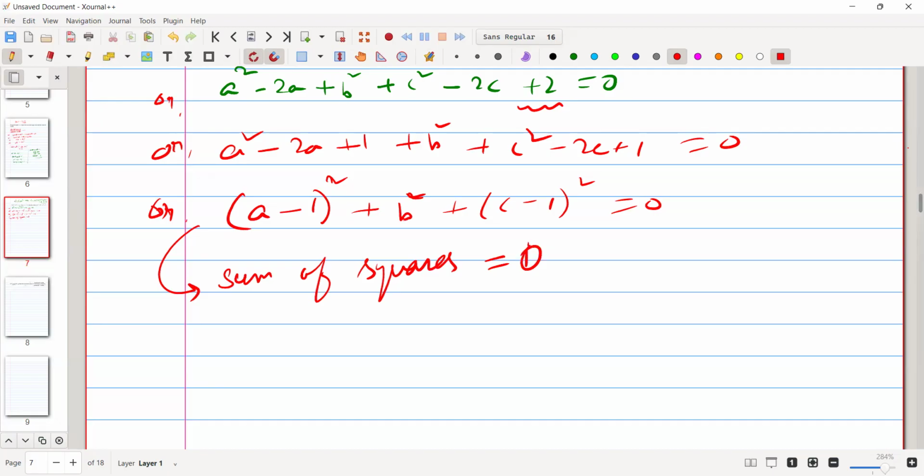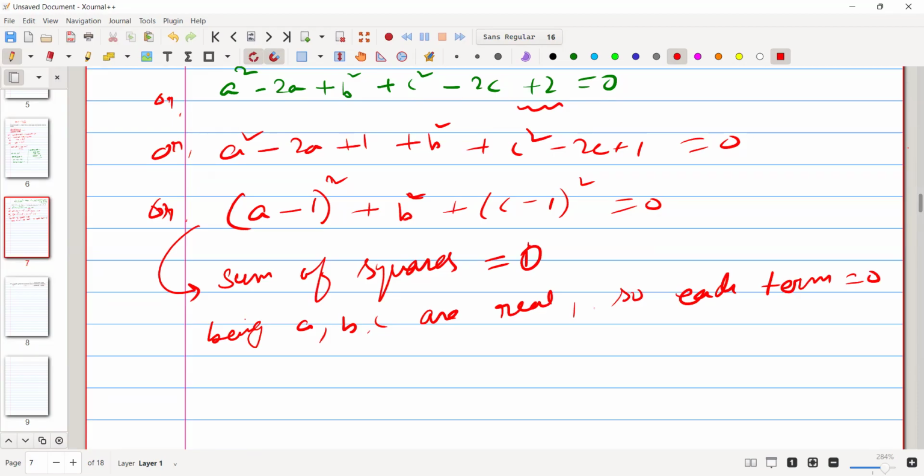As a, b, and c are real numbers, the square of each expression will be either 0 or positive.